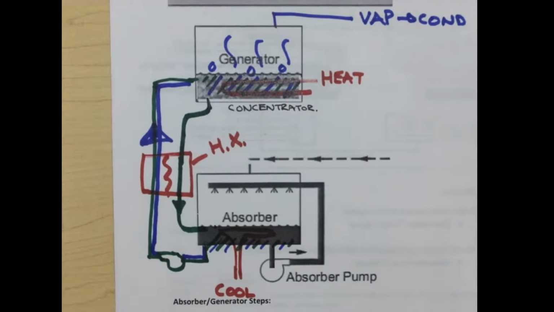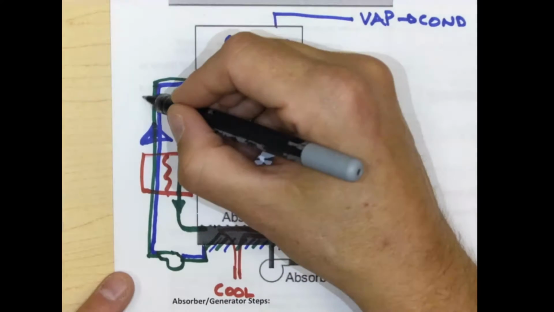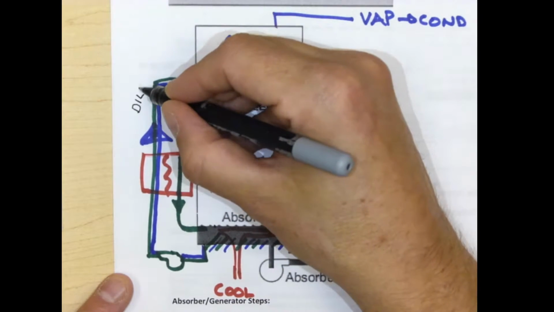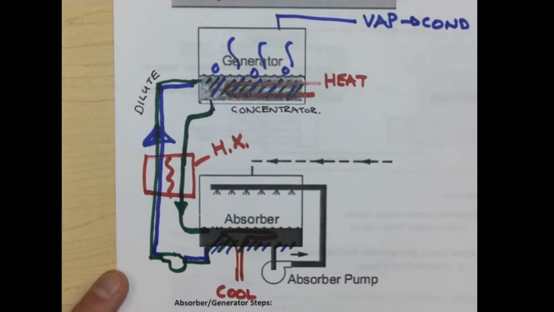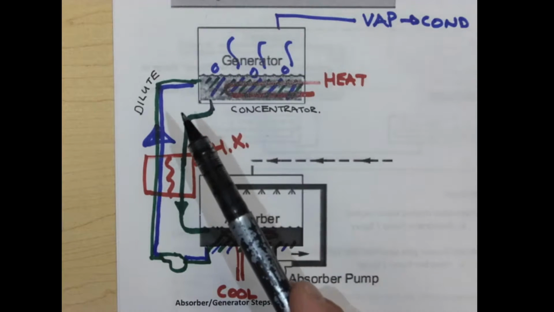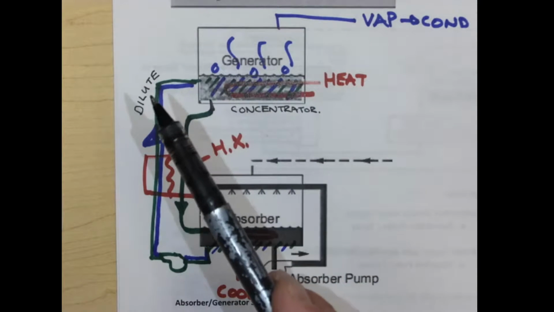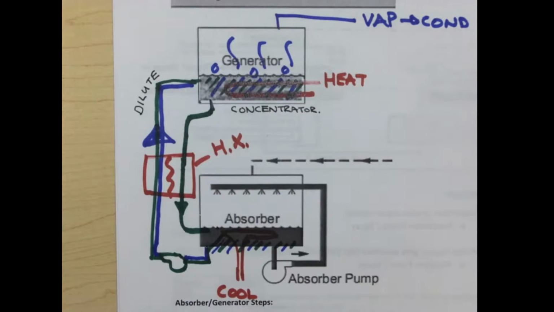Concentrated meaning less water, which would mean that this solution is what we would consider to be dilute because it has water in it. Dilute's what we're trying to achieve, so be careful of the terminology, because in this case dilute is a good thing, and concentrated is what we're trying to accomplish on the way down.